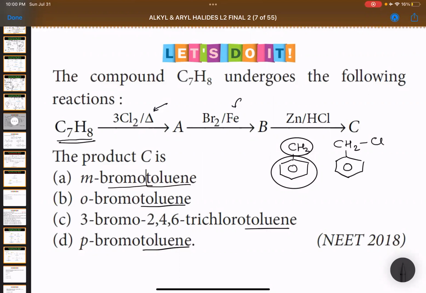So this is what is going to happen with 1 mole of Cl2. But you don't have only 1 mole, you have 3 moles. So it is going to happen again and again, I mean to say 2 more times. And if it is going to happen 2 more times, what is going to be the structure of A? Tell me.